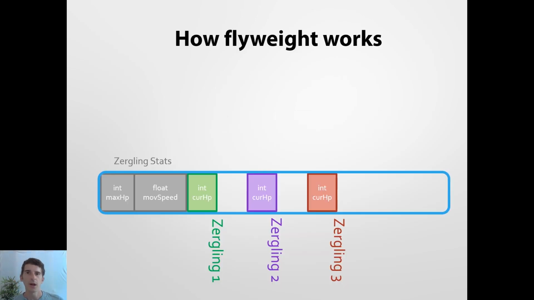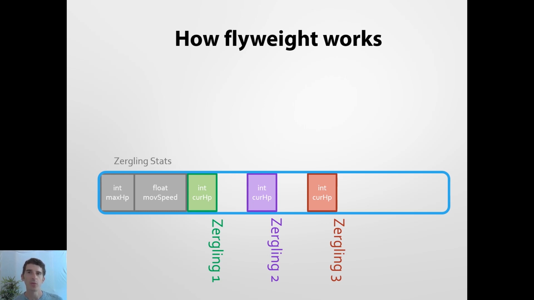Now let's look how this works in the RAM. So you should remember this slide from one of my previous videos. And just to refresh you a little bit, these here are the variables that should be shared between all the instances. And here we have the current HP variable, which needs to be stored in each instance.